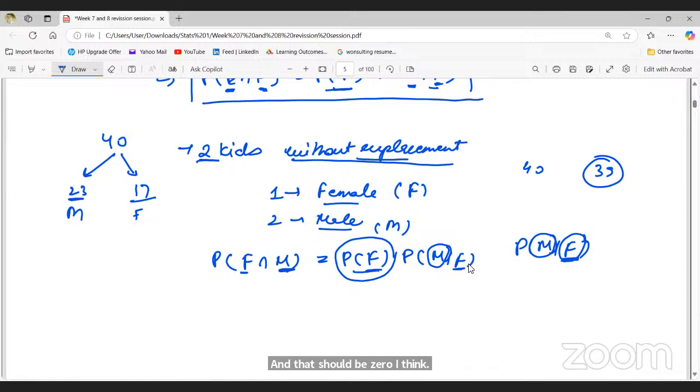Why are you finding the intersection between them? We will be finding the female, given that female, and then we will be finding the males. So in this one we'll be calculating by finding the intersection and then dividing it by the probability of getting female. So the intersection would be 0 now. Oh, you are going according to the formula.